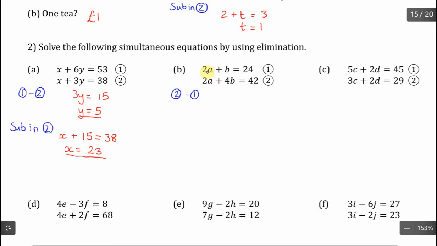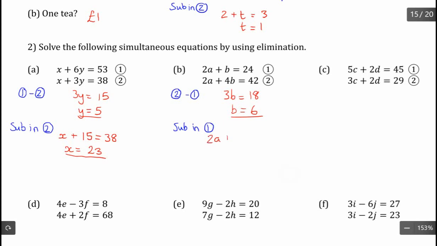2a minus 2a would be 0. 4b minus b would be 3b. And 42 minus 24 would be 18. So when we divide both sides of that by 3, we get b equals 6. We're then going to substitute that back into one of the equations. We have to do less with it if we put it into the first equation, so I'm going to put it into the first.